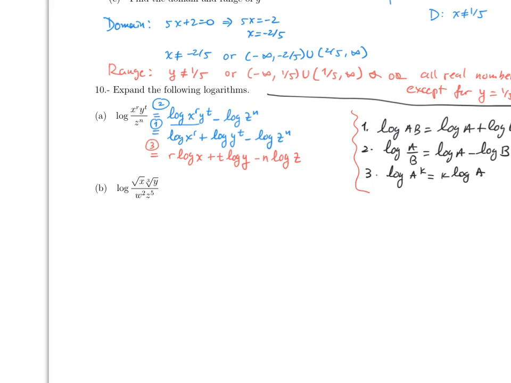All right, finally, by property number 2 first, this is again log of radical x, the cube root of y, minus log of w squared z to the 5th power.